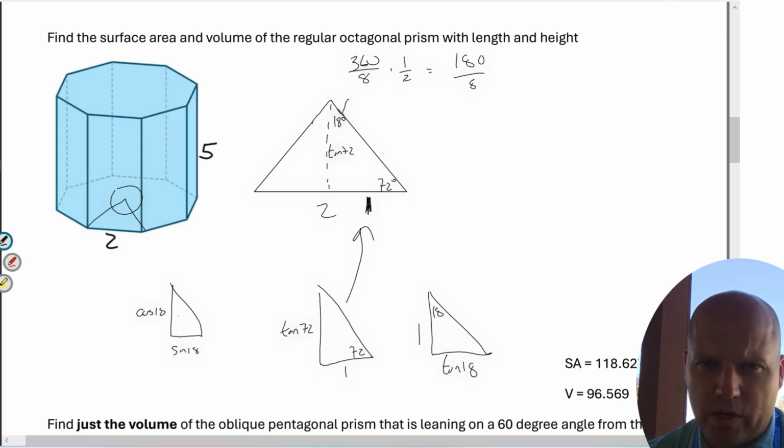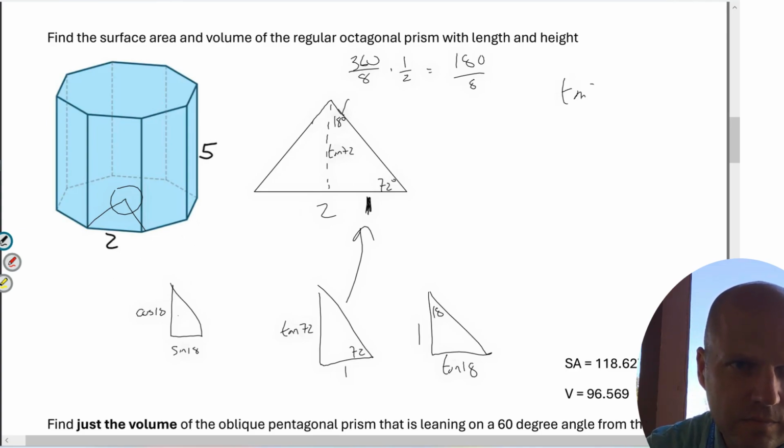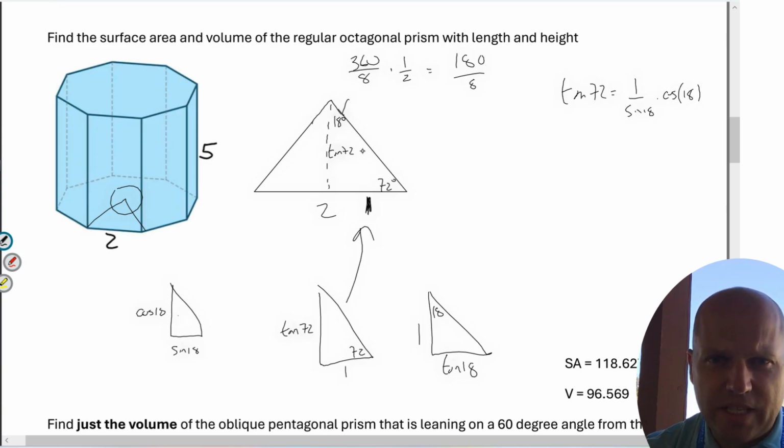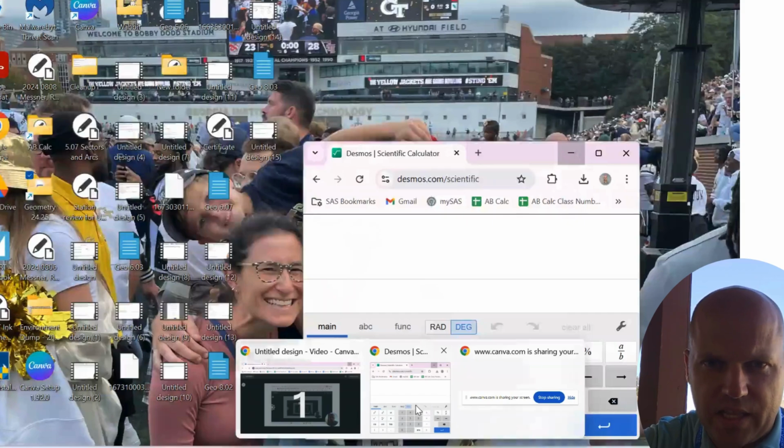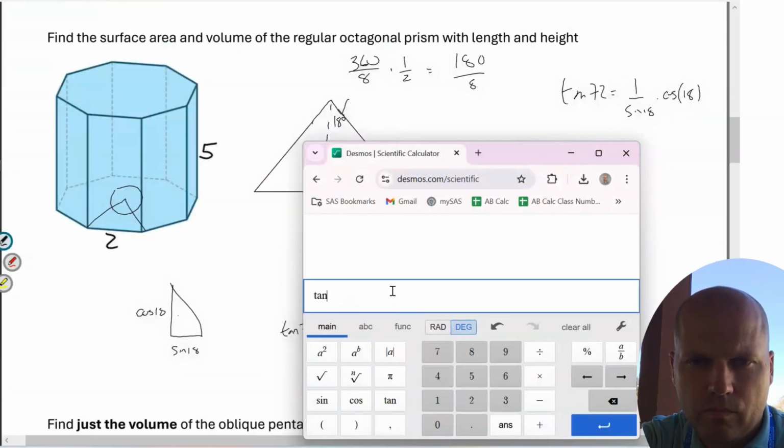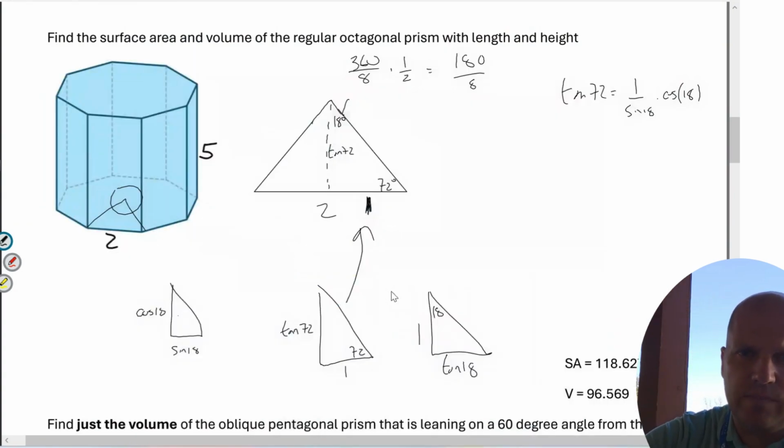Or if you wanted to, you could say 1 over the sine of 18 times the cosine of 18. You'll get the same value. Anyways, that's this length. Maybe it's best to just say that this length is 3.077.